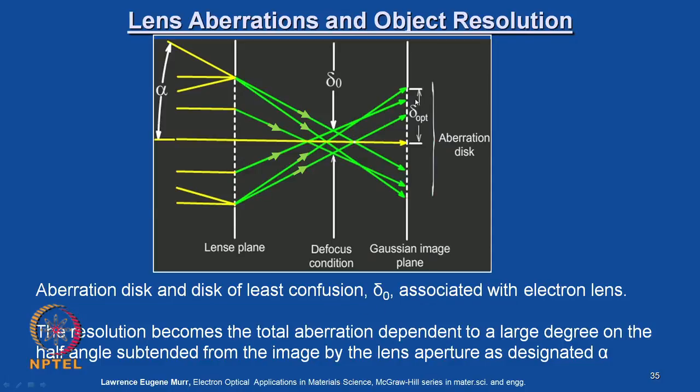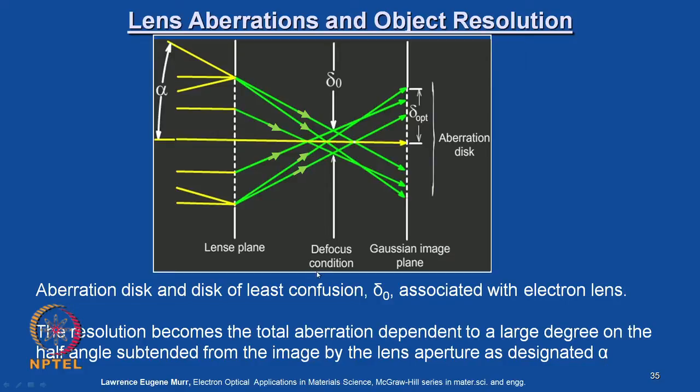Then you see the aberration disk, which we have already seen in the beginning, and delta optimum, associated with the electron lens in general. So the resolution becomes the total aberration, dependent to a large degree on the half angle subtended from the image by the lens aperture, designated alpha. This we have already seen.